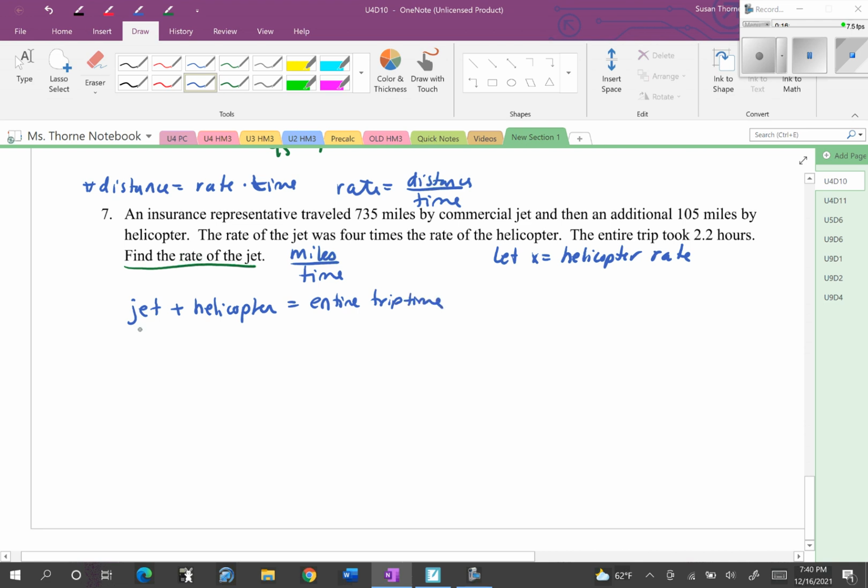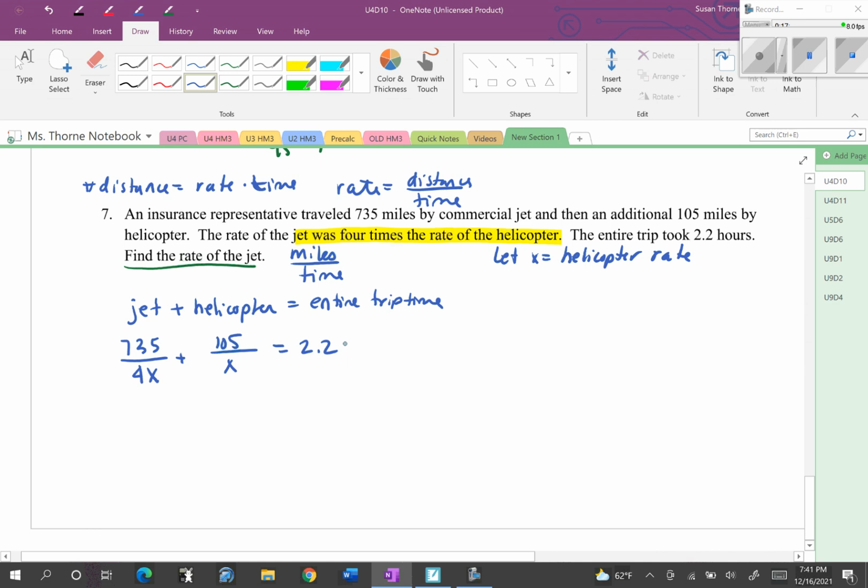So for the jet, we had 735 miles, and the jet's rate is 4 times the rate of the helicopter. So if the helicopter's rate is x, this would be 4x, plus 105 miles by helicopter over x, because that's the helicopter rate, equals the entire time of the trip, which was 2.2 hours. So this is what we're solving.